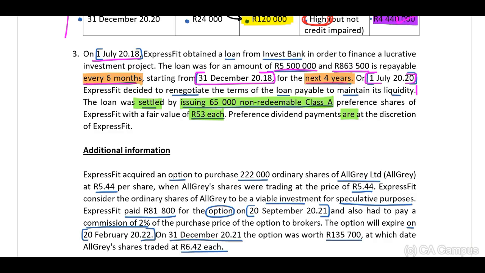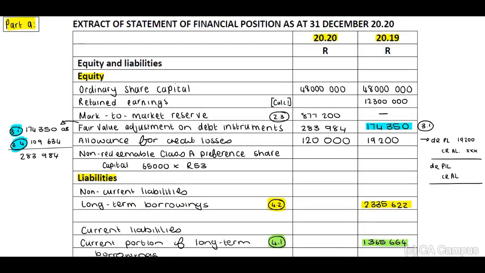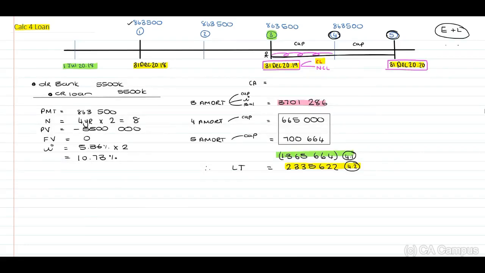Immediately we know that the shares will be equity. We need to include this in our equity section. I've included this, guys, our non-redeemable Class A preference share capital, 65,000 times 53, and this will be 344,500.